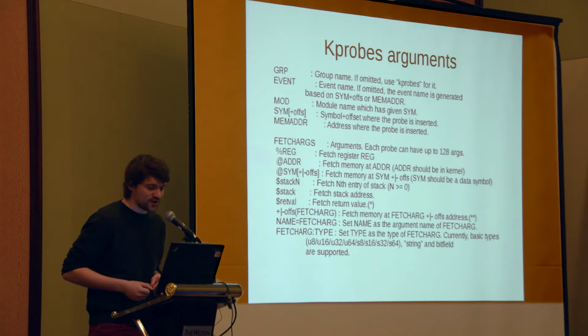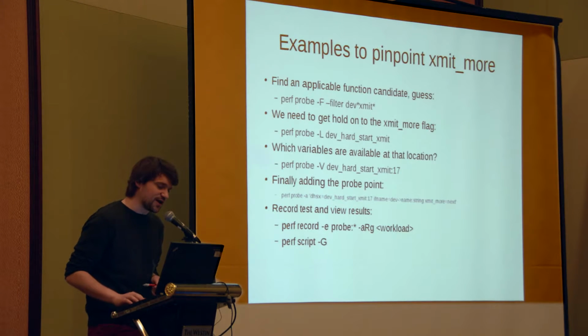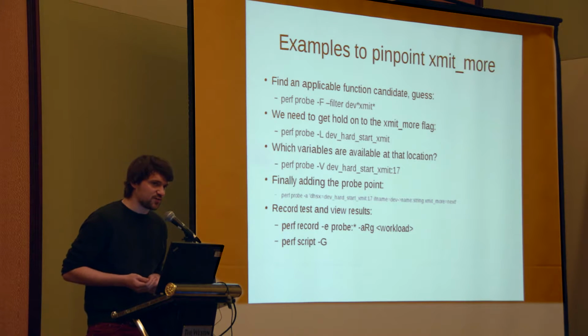So I have an example with xmit-more. We try to pinpoint if we currently really use xmit-more during the delivery of packets, and we can do that without any predefined trace points.